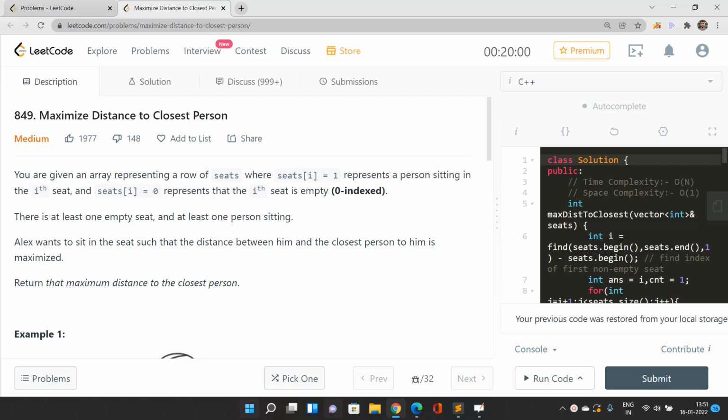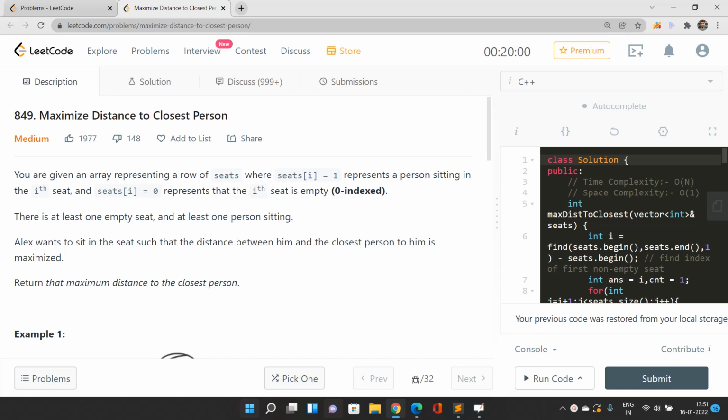So the prerequisite required to solve such type of problems is that you need to store the previous data, do some previous calculations, and then answer the maximum.